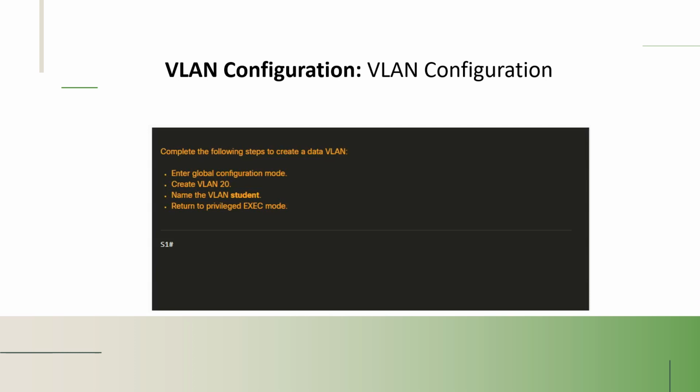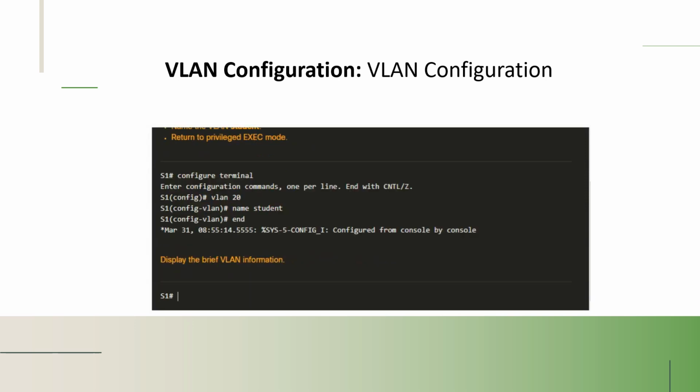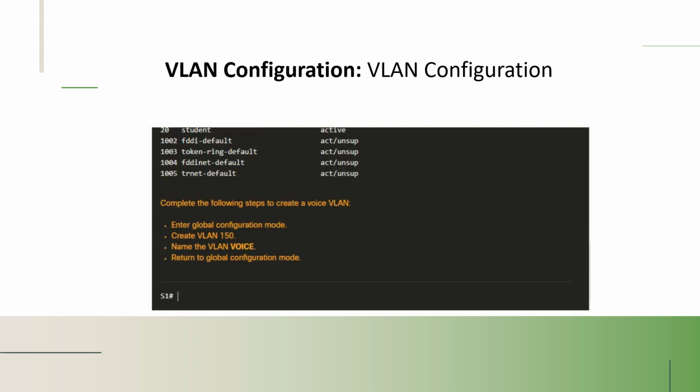And here in this slide is a syntax checker activity for VLAN configuration, based on the specified requirements. So here we are creating VLAN 20 and naming it student. Show vlan brief means you will see that VLAN 20 is created.